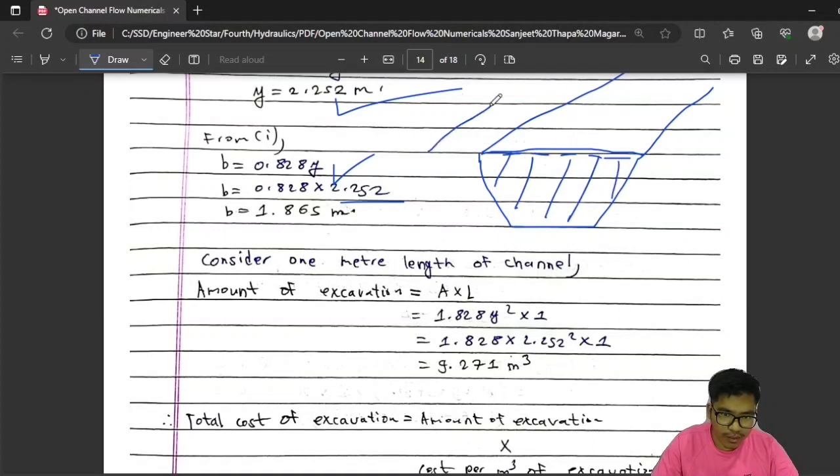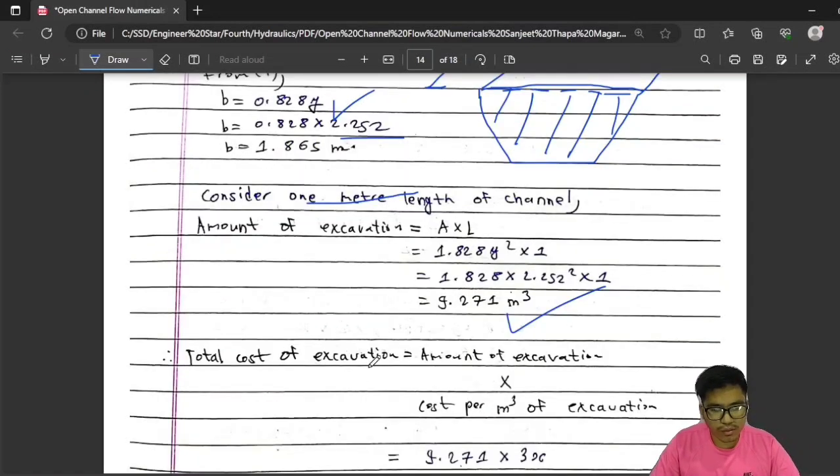If this length is 1 meter, the amount of excavation, or volume, is area into length. Area is 1.828 y square and length is 1, so y is 2.252, and area is 9.271. The volume is 9.271 meter cube.